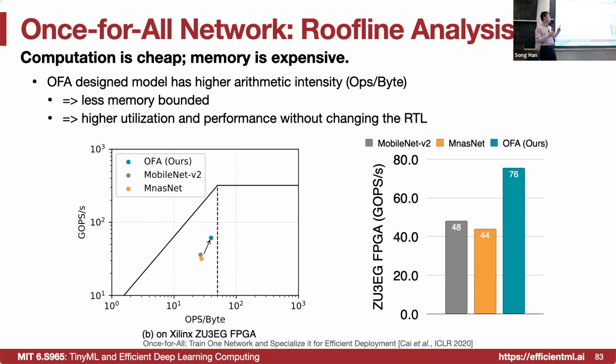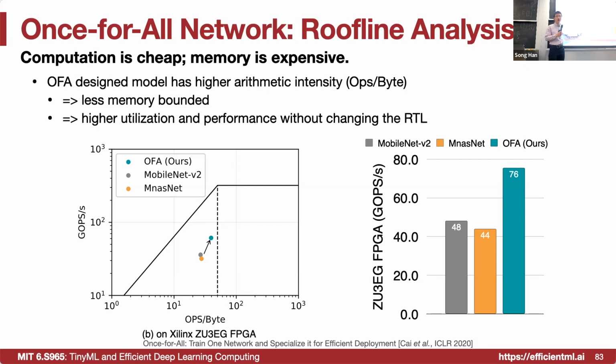And the y-axis is the giga operations per second we can achieve, saying what is the throughput of the machine running such an algorithm. Here we compare the widely used MobileNet and also MnasNet versus this once-for-all network.